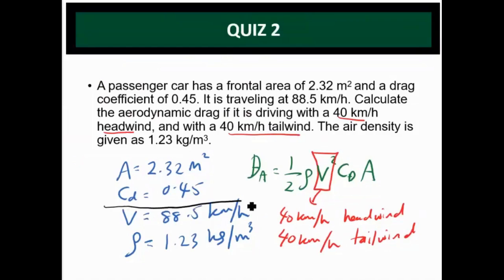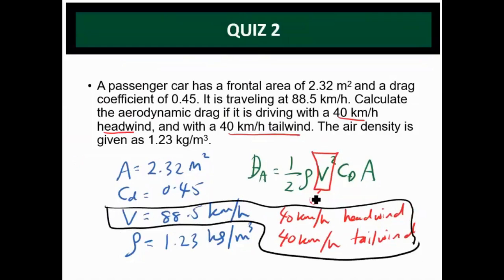So kena combine ni, and then masuk dalam V sini. Sama ada vehicle speed plus headwind ke plus tailwind ke, atau vehicle speed minus headwind ataupun tailwind. Okay, make some homework. Saya tak nak bagi semua. So, and then plug back the velocity here and then you can solve the aerodynamic drag.